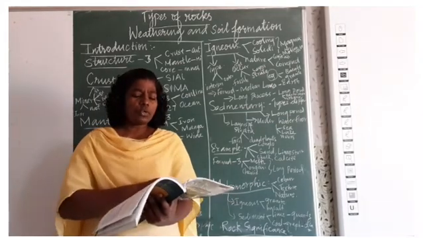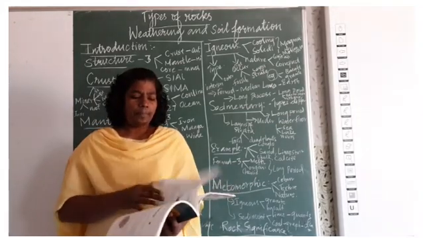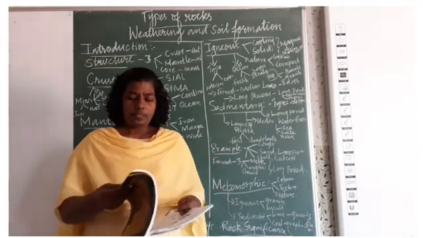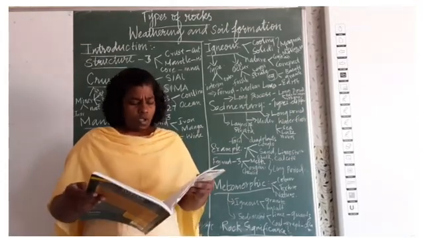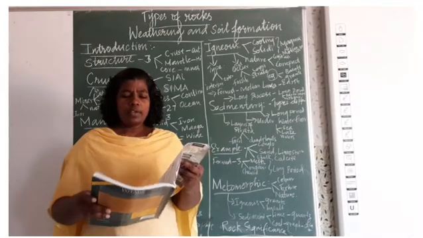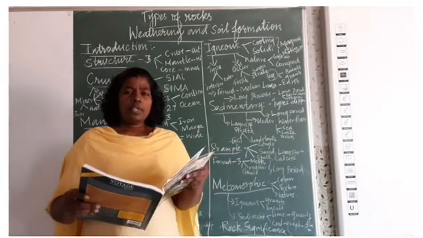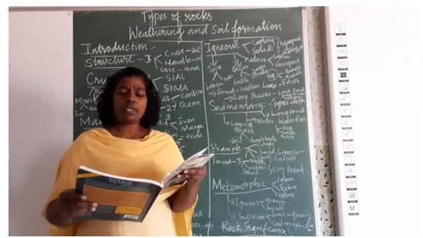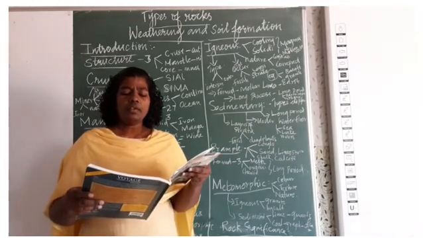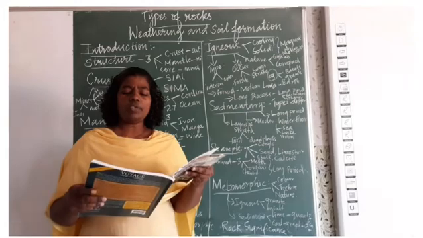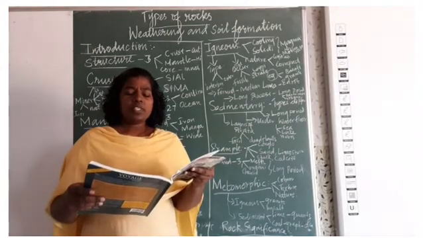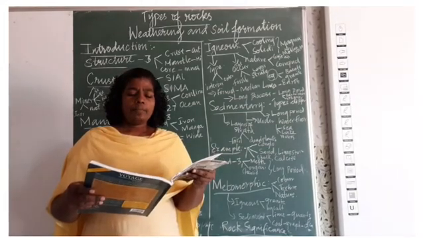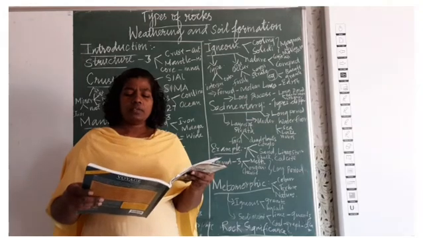Turn your textbook to page number 57. A, first one igneous, second one metamorphic, third one sedimentary, fourth one sediment, fifth one marble. Section B, first one false.